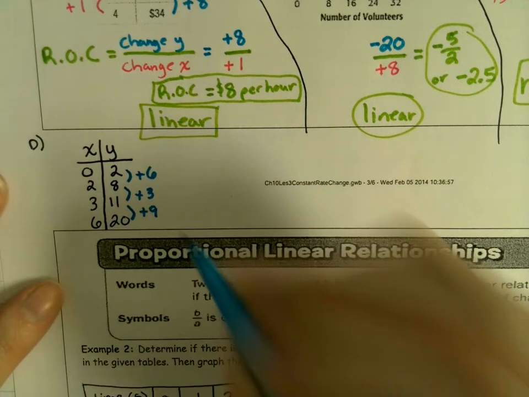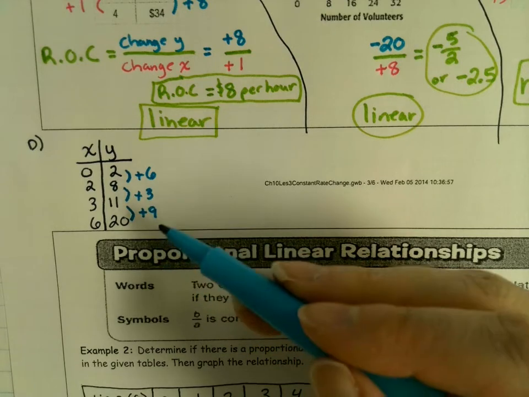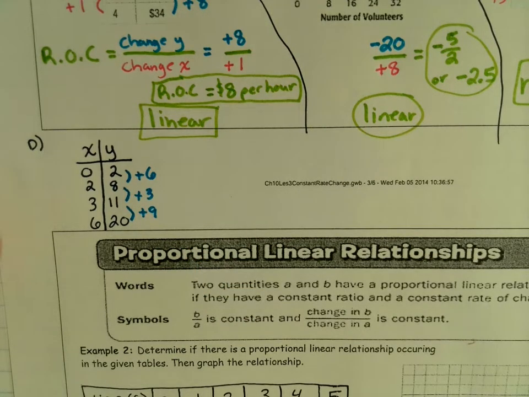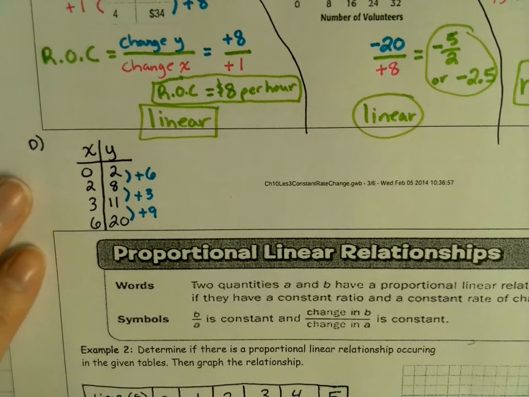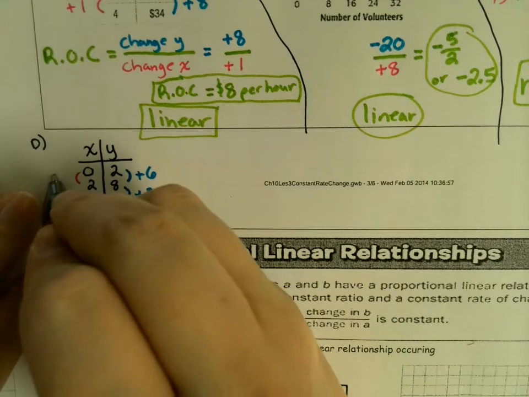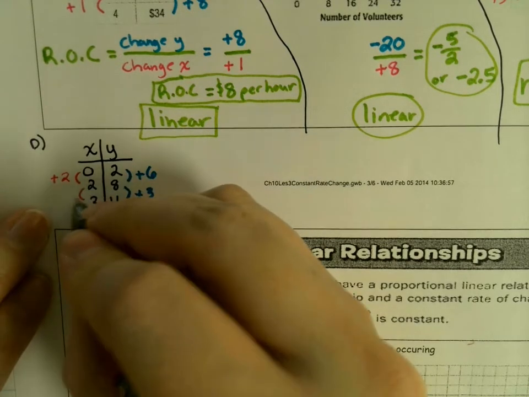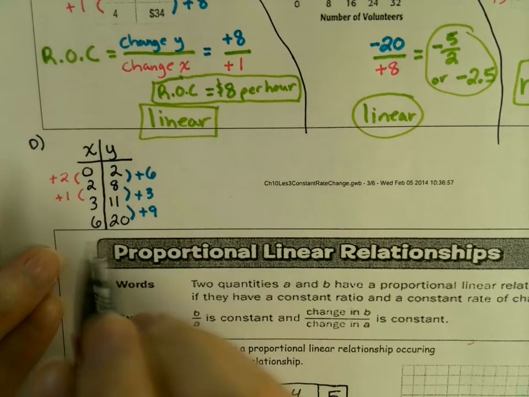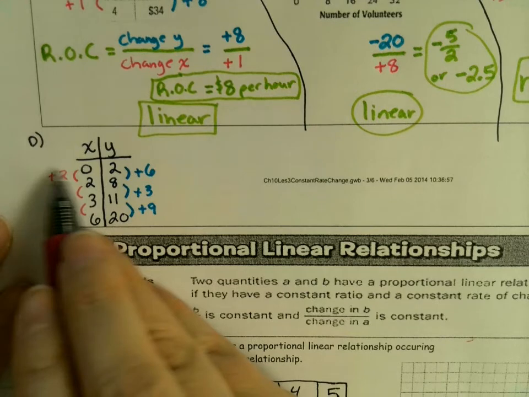So there's absolutely no consistency here, is there? But again, like I said, this is a linear relationship because I'll show you why. When I go from 0 to 2 for the x's, that's an increase of 2. When I go from 2 to 3, that's an increase of 1. When I go from 3 to 6, that's an increase of 3. There's no consistency here for the x's either.